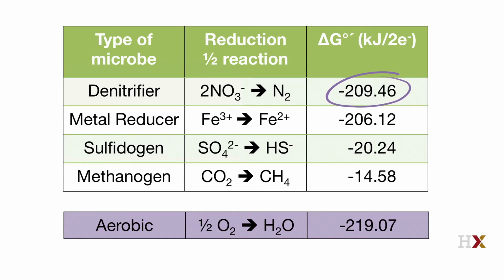Are there always more denitrifiers than other anaerobic bacteria? The answer is no. And you bring a very good point. Thermodynamics gives you only a part of the whole picture. Bacterial proliferation is dependent on the availability in the environment of fuel molecules and electron acceptors.